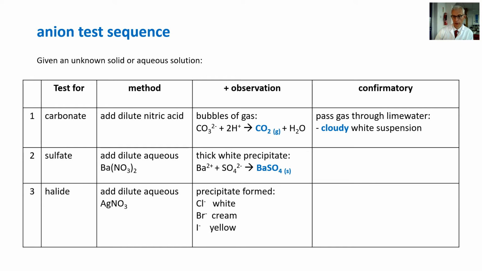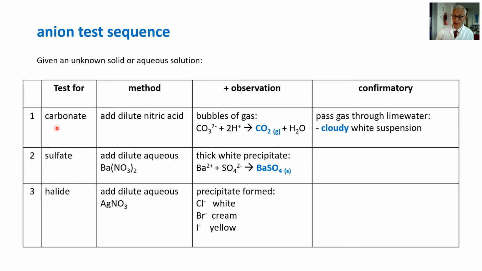Unless you have ruled out carbonates, it may be a carbonate precipitate. So if you are doing a sequence of tests on the one sample, 1, 2, 3, if you are doing a separate test on a separate portion for the halide test, then you must first of all carry out the test for the carbonate, which is add dilute nitric acid.